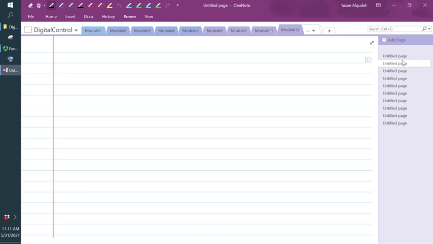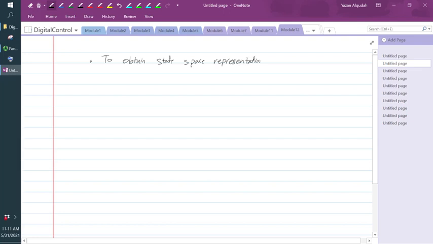Okay, so how can we get the state space representation? An easy way to get the state space representation is from the all delay block diagram. So to obtain state space representation, we use the all delay block diagram representation.